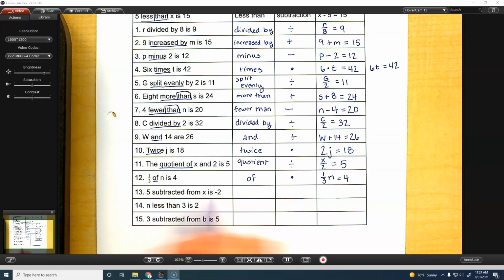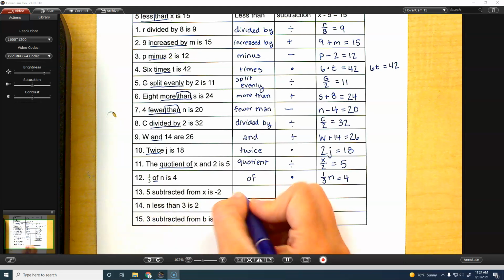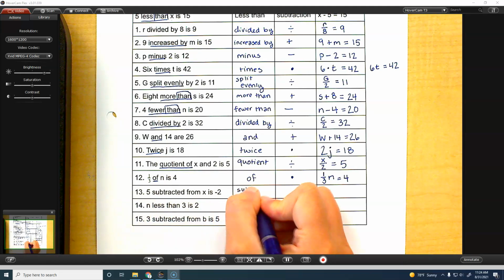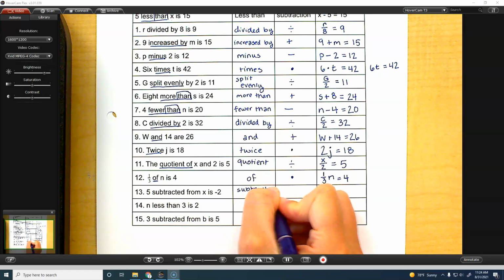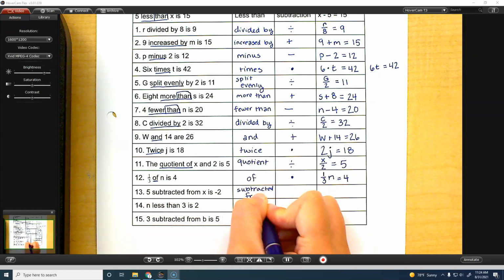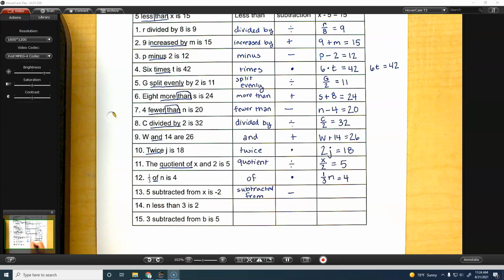Okay? 13 is one that we get mixed up a lot because it's a little like less than. If I have 5 subtracted from x, so I know subtracted from is my keyword. Tells me to subtract. 5 subtracted from x.